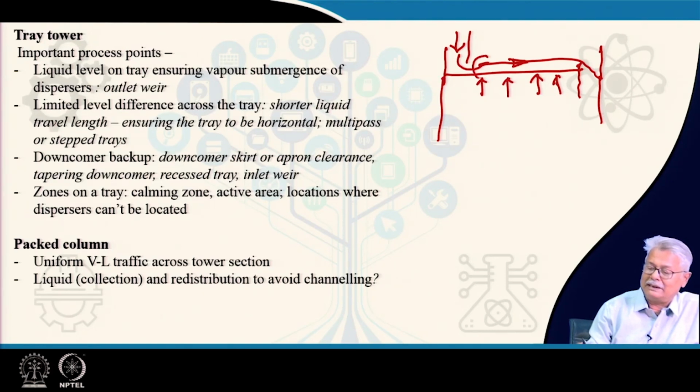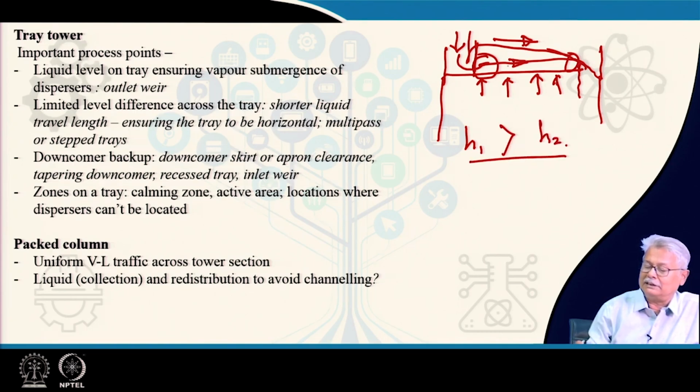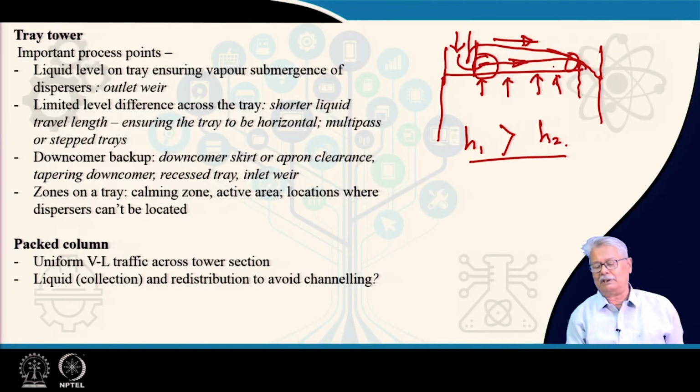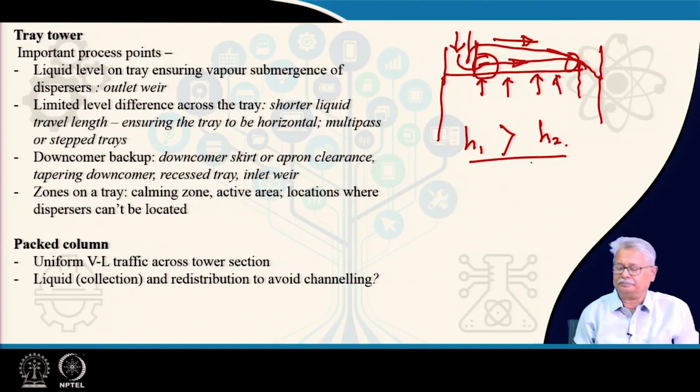Now, if you have uneven depth here and here, if the liquid has to flow from left to the right, the level here has to be higher. Suppose in this zone the height is h1 and just upstream of this, the height is h2. Obviously, in order that the liquid flows by gravity, h1 has to be higher than h2.